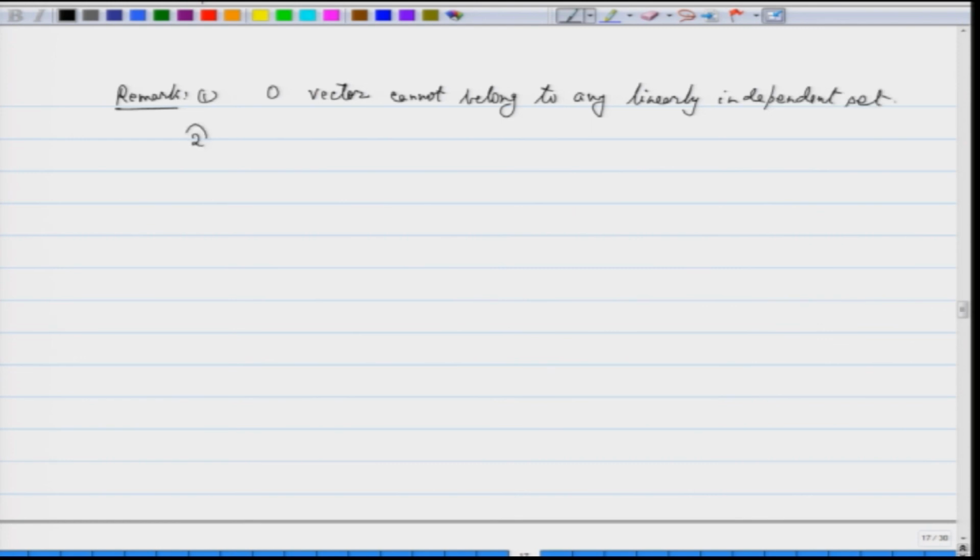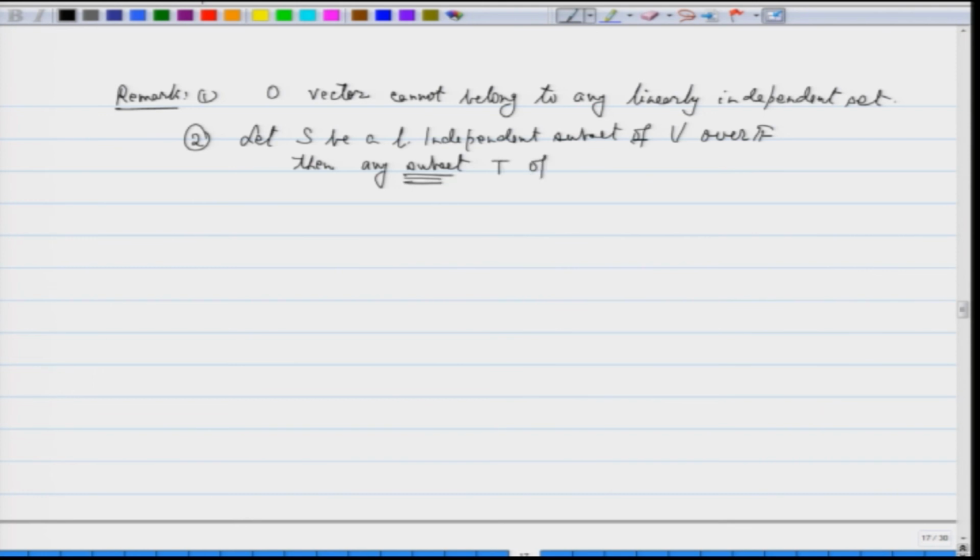Fine. Second remark, let S be a linearly independent subset of V over F, then any subset T of S is also linearly independent.